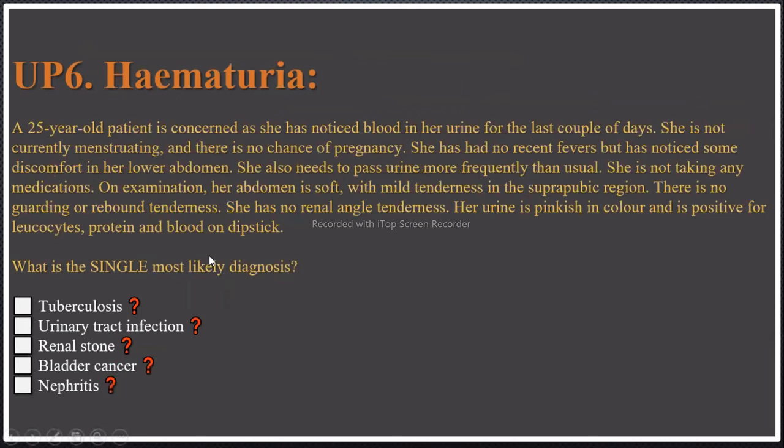Single most likely diagnosis. UTI. Option 2, urinary tract infection. Okay, upper or lower? Lower. Suprapubic tenderness.